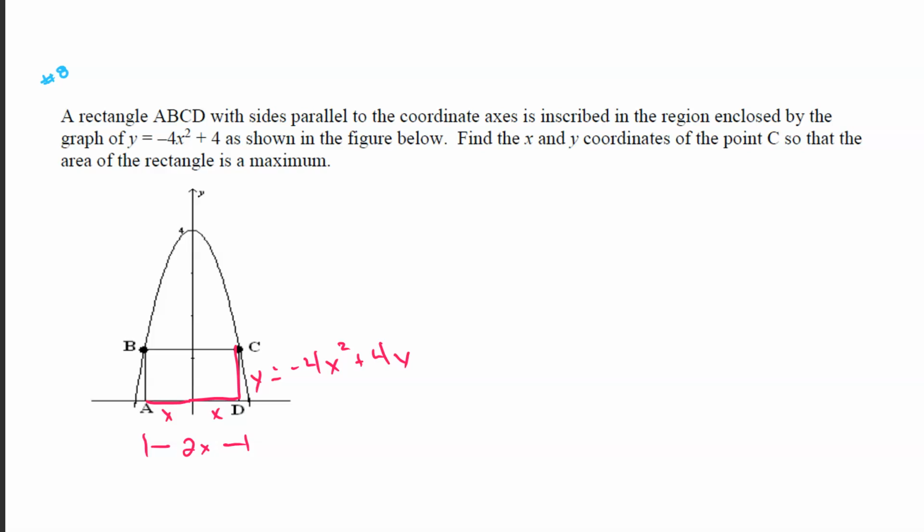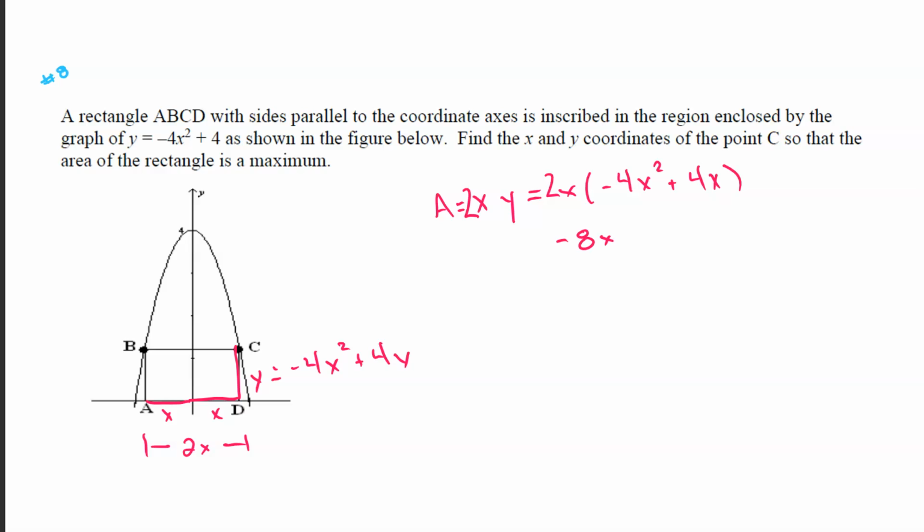So we've got A, our area, equals x times y, which is x times negative 4x squared plus 4x, which is negative 4x cubed, 2x here. All right.